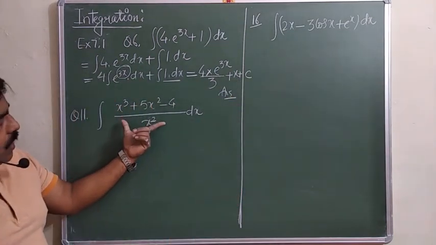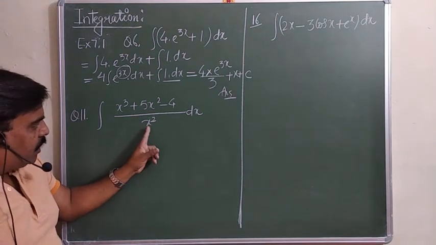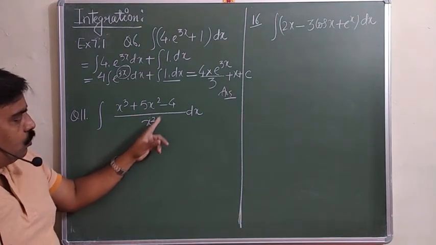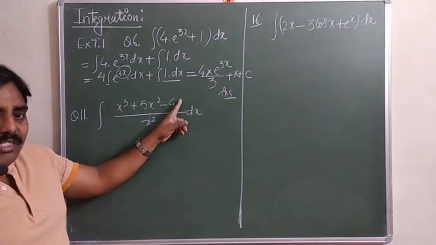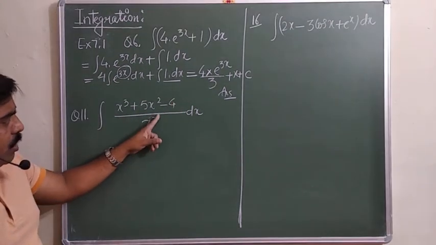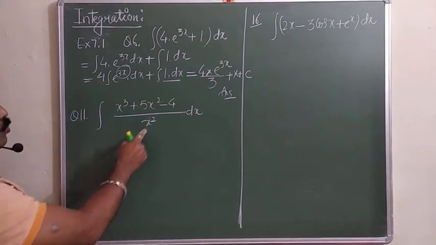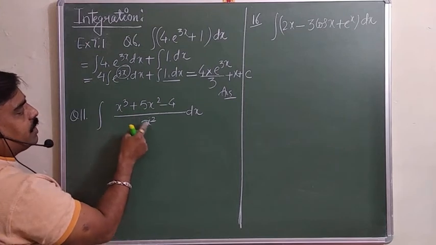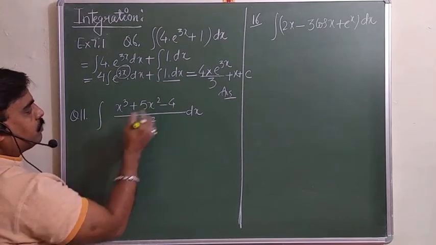Now similarly, you are taking this one. Here x square is given in the denominator, so you cannot apply the quotient rule here. That is not applicable. So you have to remove this x square anyhow. So what we will do, we will separate this. By x square we will divide this and this one separately.